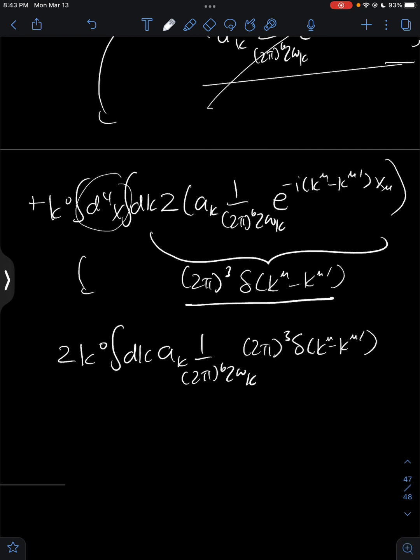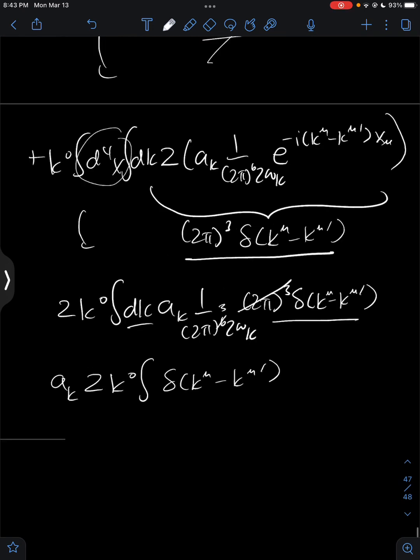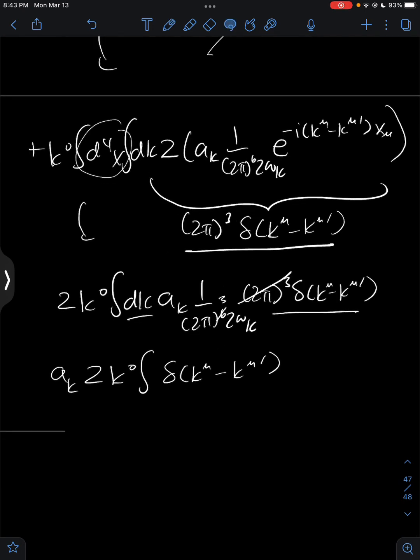And then now we can integrate this over the momentum. We know that this will cancel out with this, giving us a factor of 3 here. So technically speaking, we did some things a bit too early. We would have had 1 over the square root of 2 omega k, 1 over the square root of 2 omega k prime.